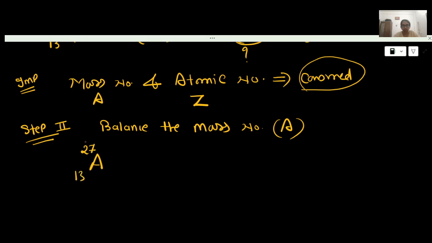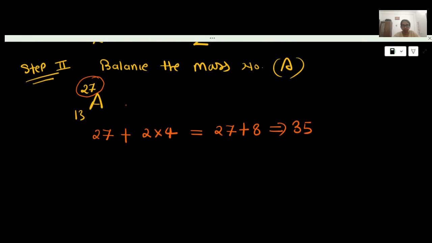So according to our reaction, write 27 plus 2 into 4. 2 into 4 means alpha particles, equal to 27 plus 8. That means 35. We will get 35 on the right side.